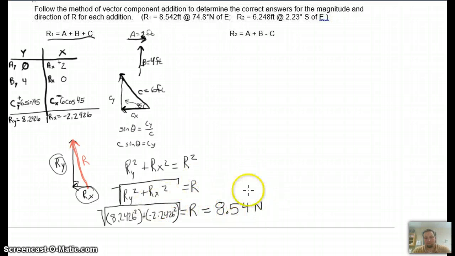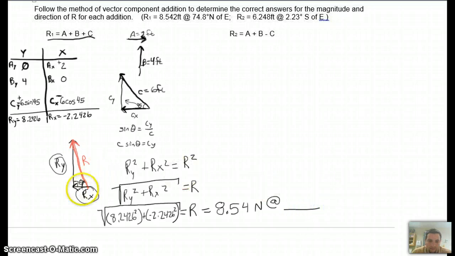So this represents the magnitude of r. Okay, so we know the magnitude of r. However, we do not know the angle of r. We don't know this angle right here. We have to figure out this angle, theta, right here. Okay, so what we'll say is it's 8.54 newtons at some angle.